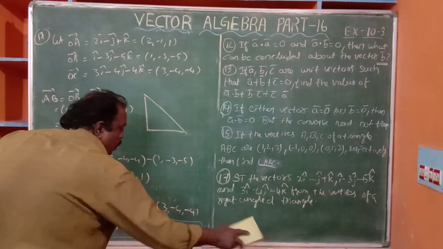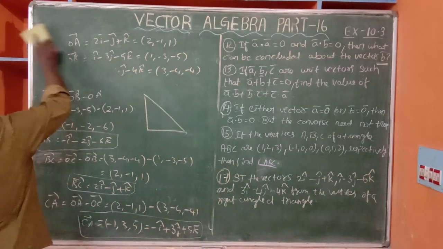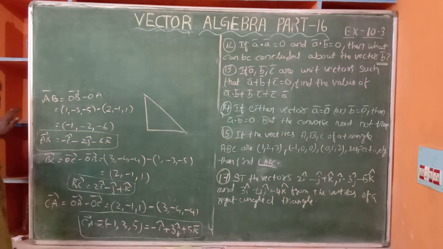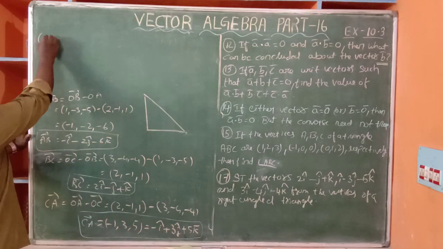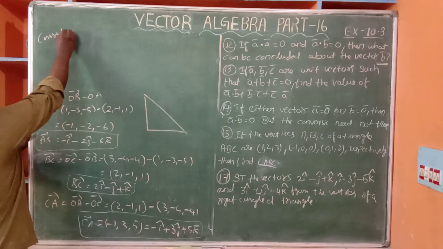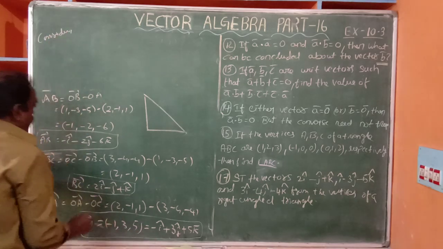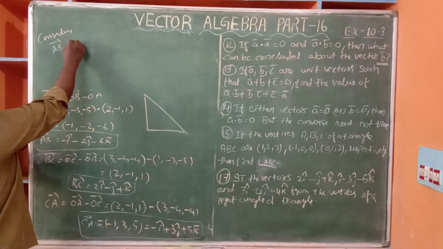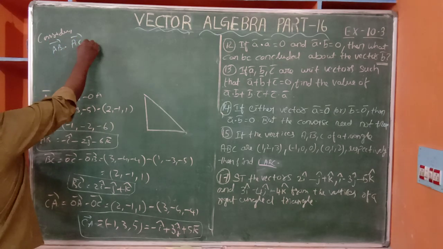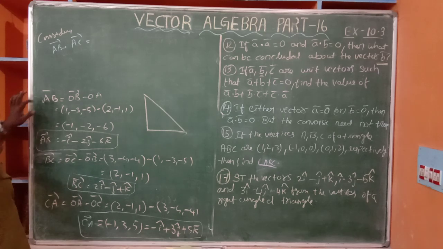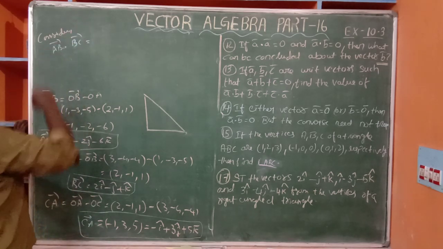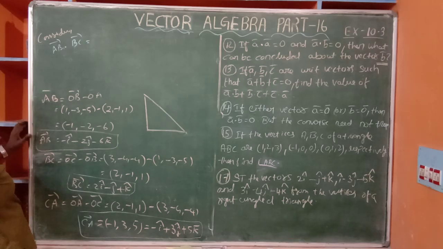If any one is 0, then it is 90 degrees. First we consider AB bar dot BC bar.